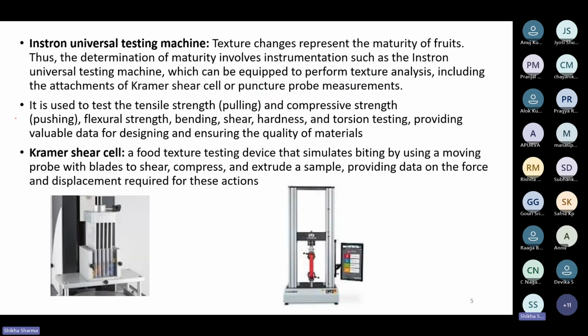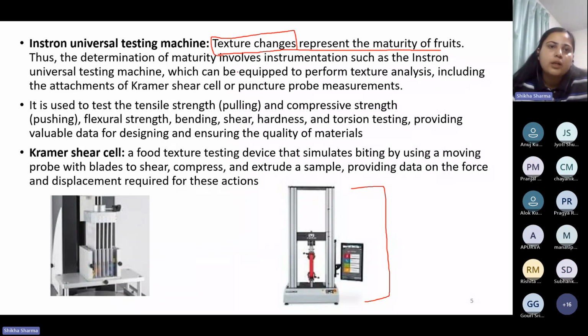So third is the Instron Universal Testing Machine. So what is this machine? In this, texture changes represent the maturity of the fruit. As we discussed, the texture changes, which means the firmness is either increasing or decreasing.